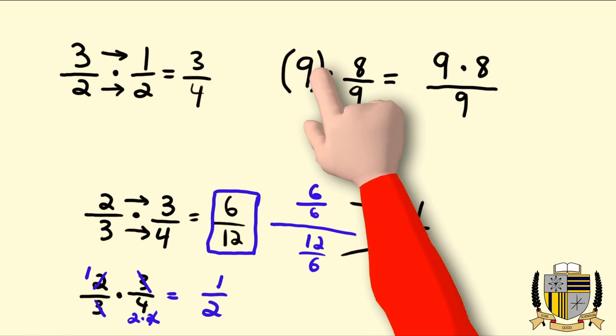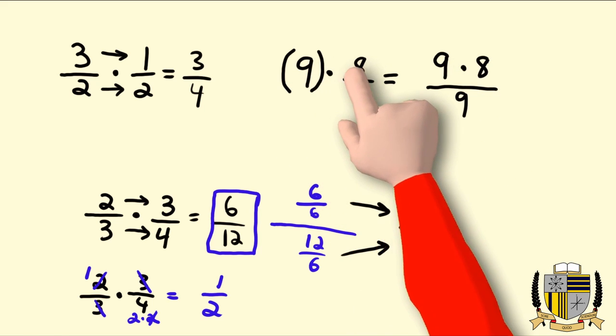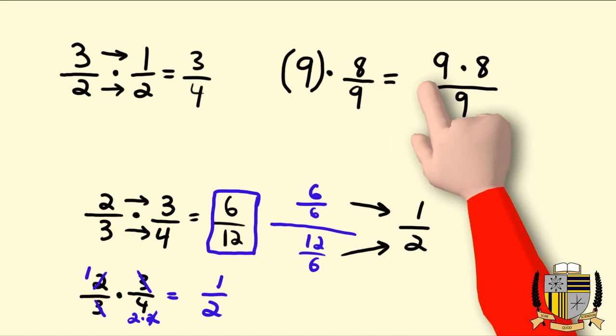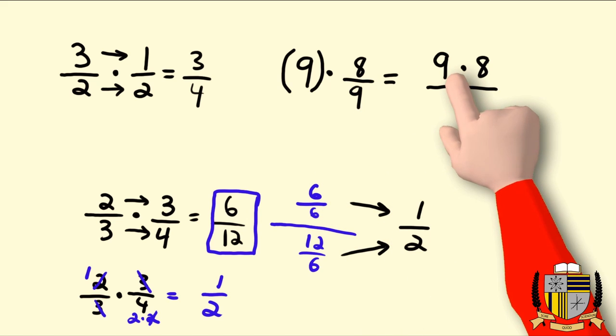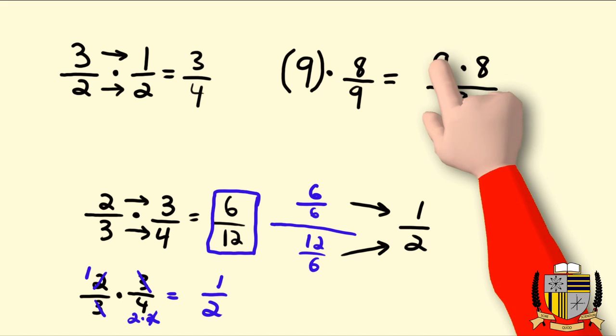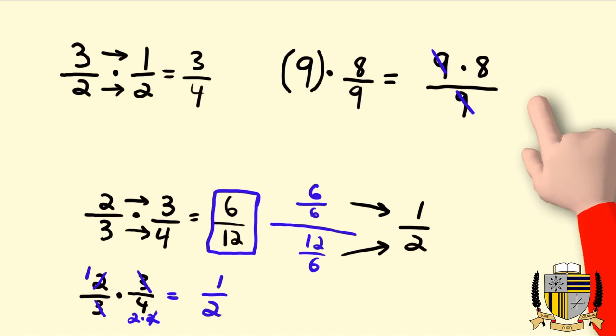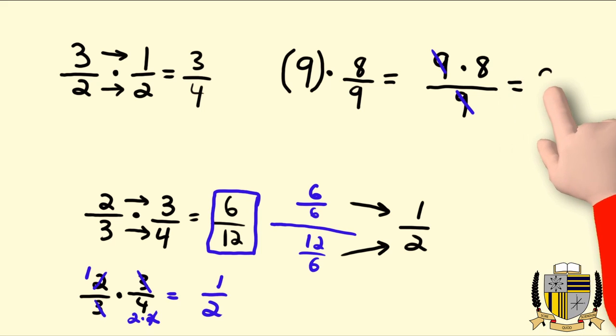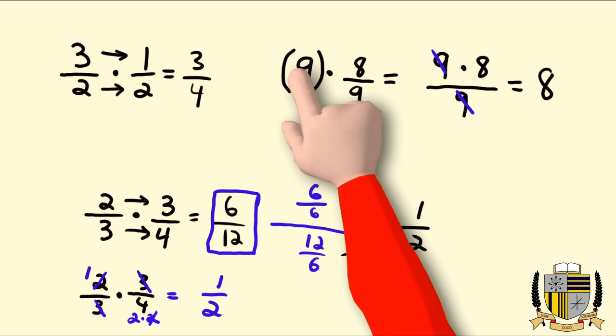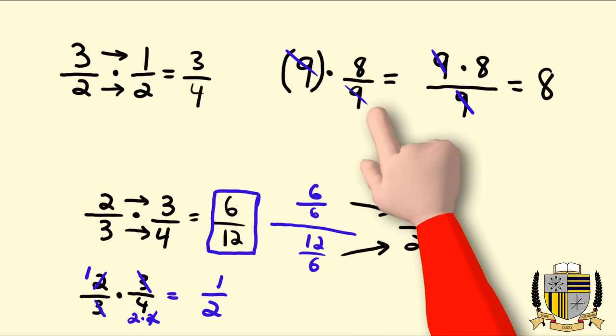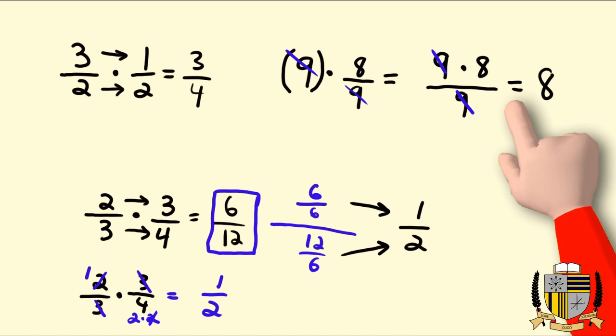So you can see this big whole number looking like this. I look at it like this, so I know these can cancel each other. These cancel each other because it's pretty much a 9 divided by 9, leaving the 8 alone with a final answer of 8. So these cancel each other, which makes an 8.